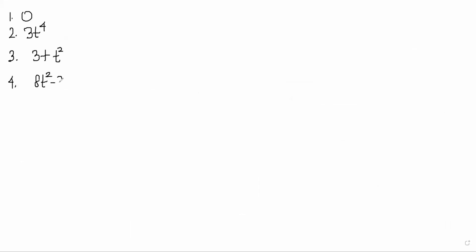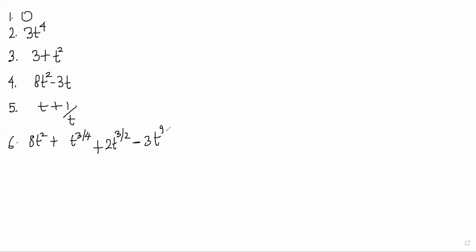So let's look at these functions. t plus 1 by t, then 8t square plus t to the power 3 by 4 plus 2t to the power 3 by 2 minus 3t to the power 9 by 4 plus 8.